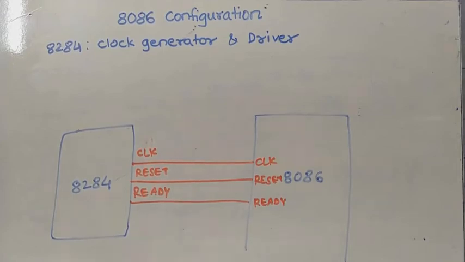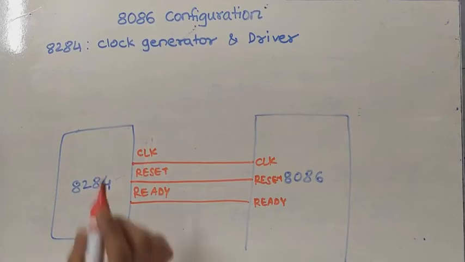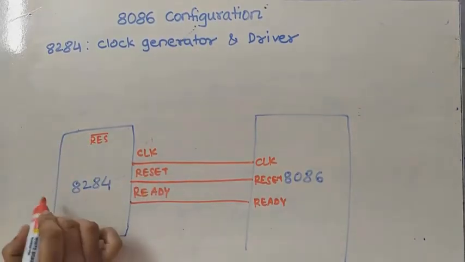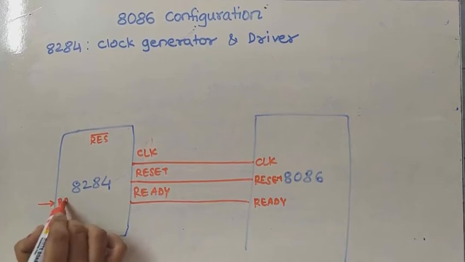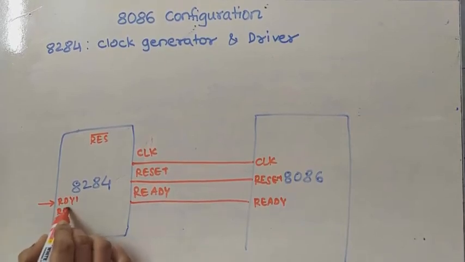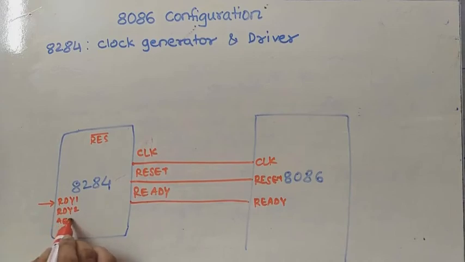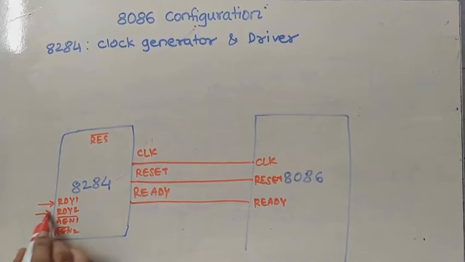So this much is the connection. Here we are having RES bar, READY 1, READY 2, then AEN1 bar, AEN2 bar. These are the other pins of 8284.